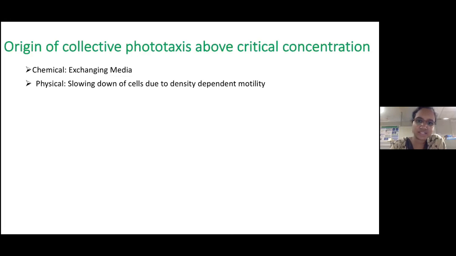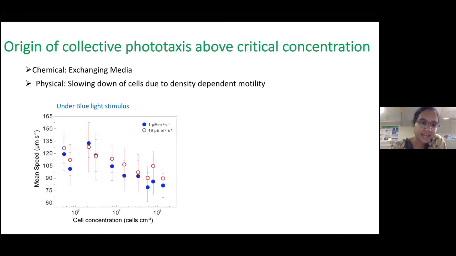So we sat down to look at more physical pathways, such as, does something happen to the speed of the cells? What we found was that yes, the speed of the cell was decreasing as you increase the cell concentration above the critical concentration.